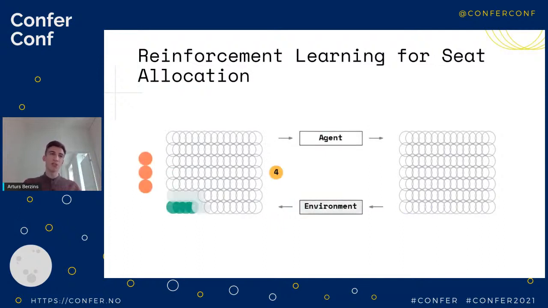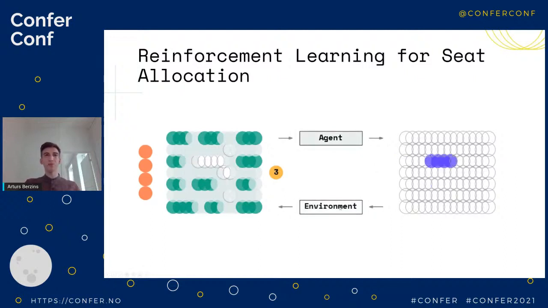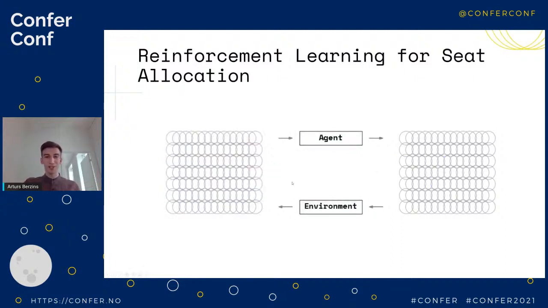A buffer seat is necessary to ensure a distance between the groups. And the orange bubbles coming in are the different groups. Let's say in our case, we have groups of 2, 3, and 4 people coming in. The agent, depending on this observation, then makes the decision on where to place these people, and also provides a reward.